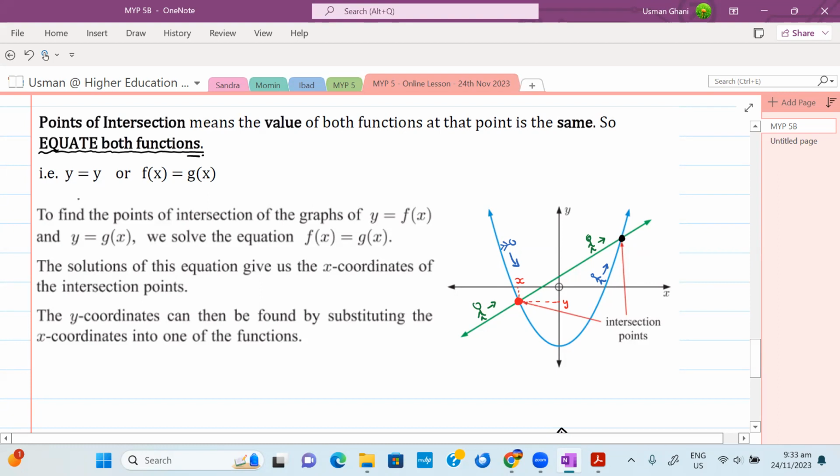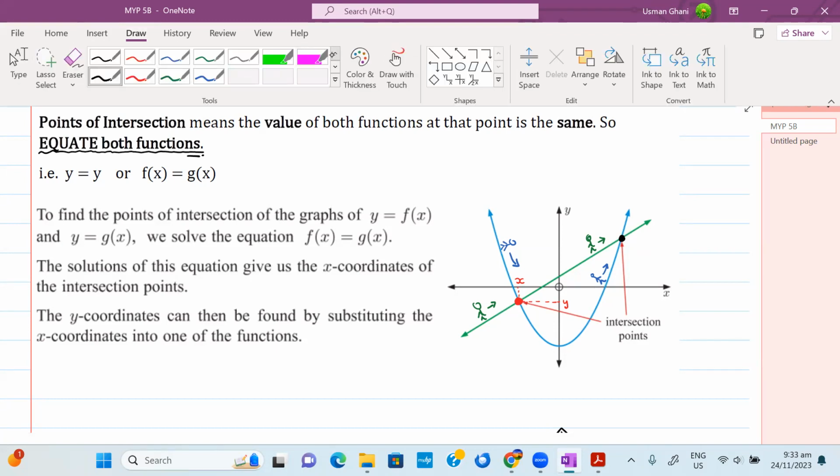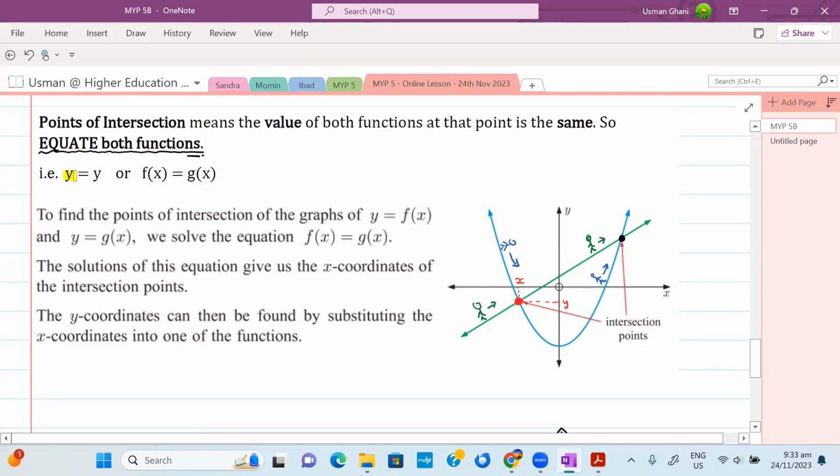अब ये डिपेंड करता है आपके सवाल में, आपको दोनों इक्वेशंस y इक्वल्स टू समथिंग और y इक्वल्स टू समथिंग इस फॉर्म में दी जा सकती हैं, या f ऑफ x इक्वल्स टू समथिंग पहला फंक्शन पहली इक्वेशन, g ऑफ x इक्वल्स टू समथिंग दूसरी इक्वेशन आपको ऐसे भी दी जा सकती है. ऑल यू नीड टू डू इज इक्वेट, दैट्स इट. कुछ और नहीं करना आपने, इक्वेट बोथ इक्वेशंस.